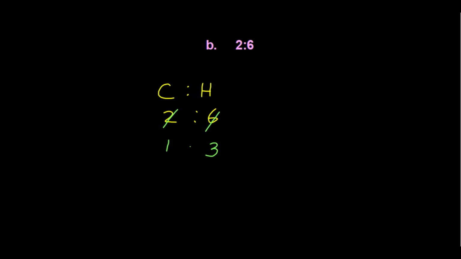So 1:3 is the simplest whole number ratio between carbon and hydrogen in this compound. So the empirical formula for this compound would be CH3, in which the ratio between carbon and hydrogen is 1:3. This is the simplest whole number ratio. I hope this is clear.